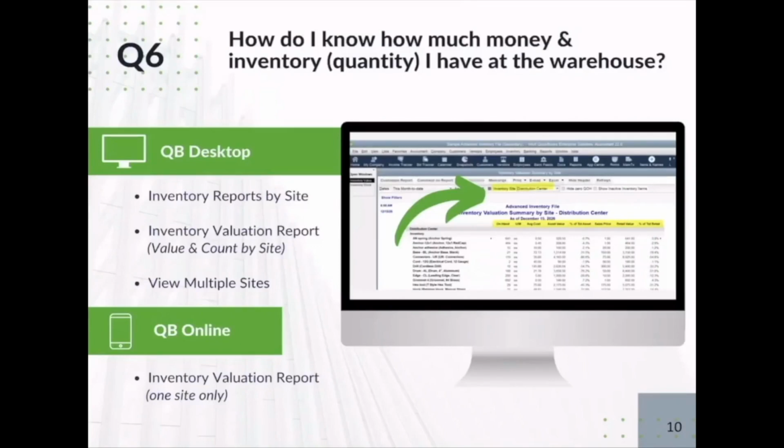But this one right here is what's in the desktop. We have worked with clients who keep a set amount of inventory in each truck, and they need to know when to replace that inventory because it got used. Instead of having to go through what did I sell today, if we're utilizing the sites, we can pull the report up and it will show what they currently have. Then we can place orders accordingly for those individual sites if we need to.